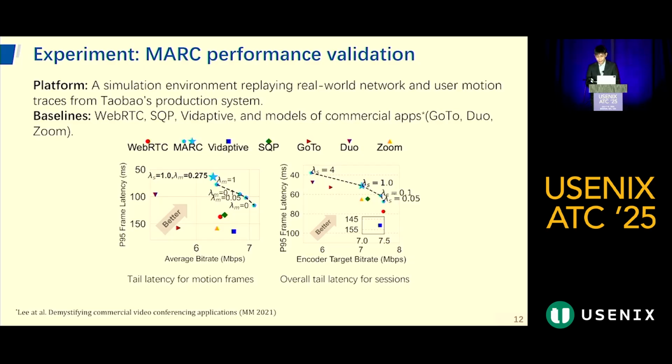As you can see, the baselines are scattered as individual points, and MARC, represented by the dashed line connecting different configurations, traces out a clear superior Pareto frontier. This means that for any given latency, MARC achieves a higher video bitrate, and for any given bitrate, it achieves a lower tail latency.